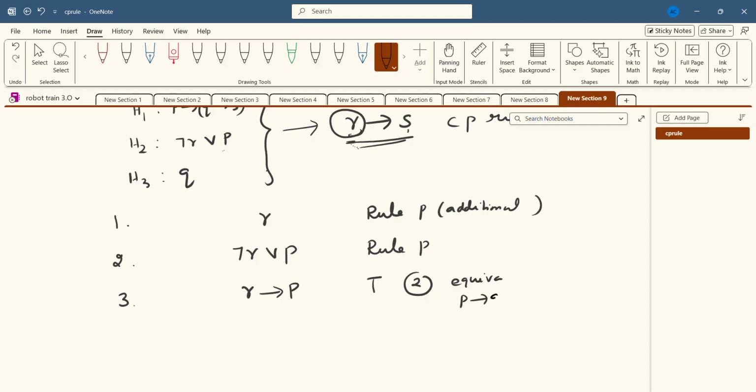P conditional Q is logically equivalent to negation P disjunction Q. See the statement negation R disjunction P, so that is equivalent to R conditional P. And fourth one: the first statement is R, the third statement is R conditional P, therefore P. I can apply modus ponens using statements 1 and 3.